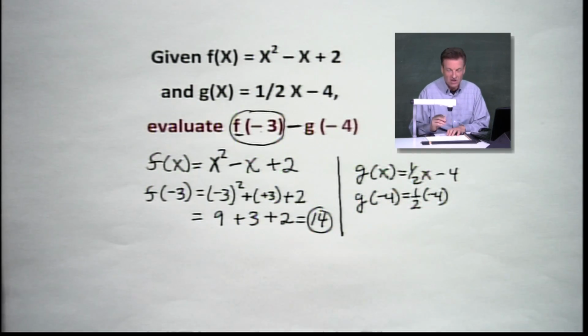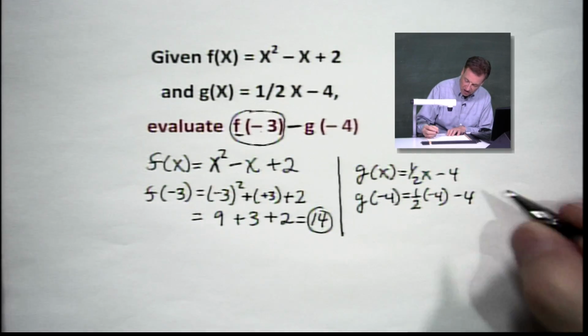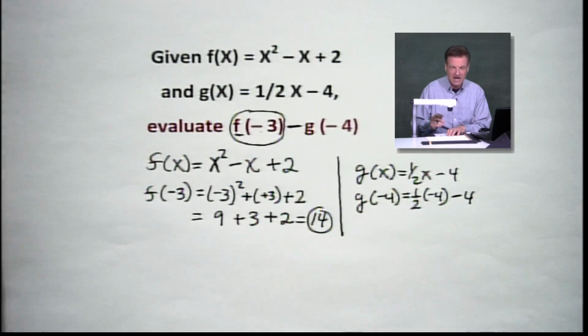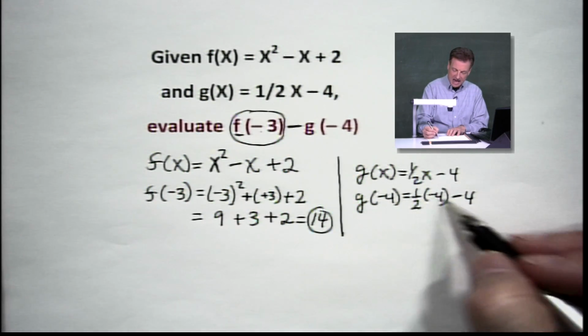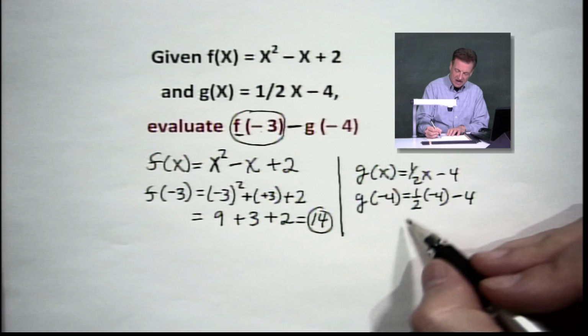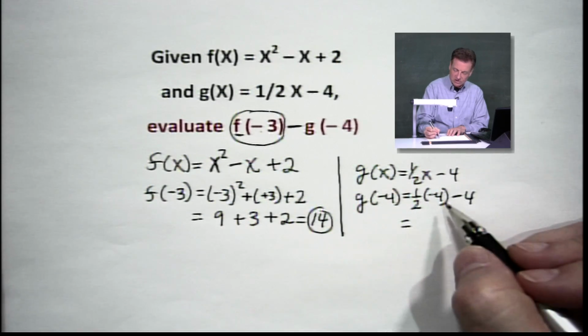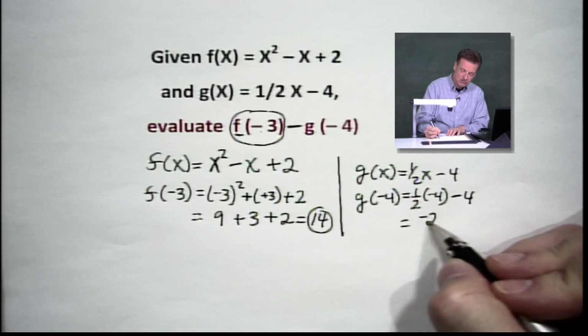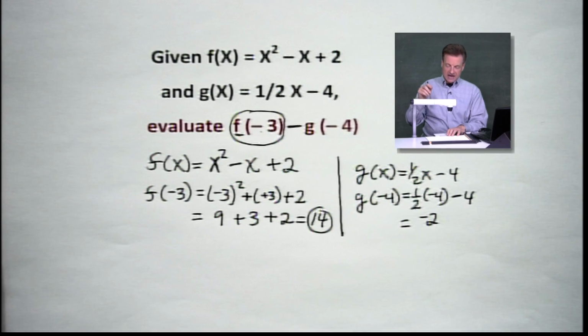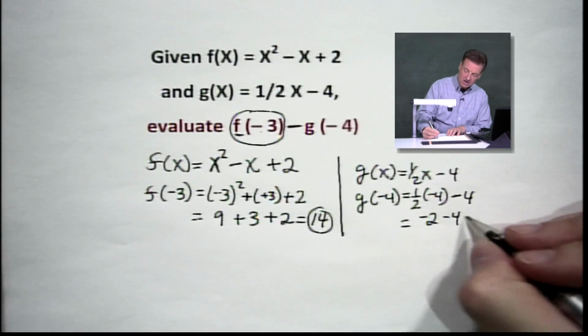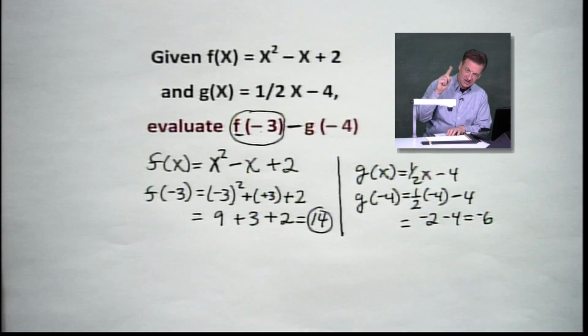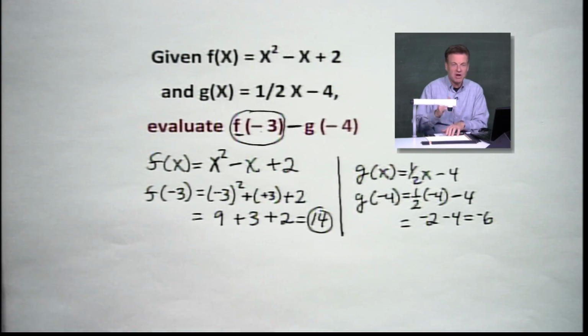Be careful. We still have a minus 4 here. That did not take care of that. You've got to bring it back as you see it. So we're going to take half of negative 4, which is negative 2, and subtract that 4, you're going to have negative 6. Life is good. Everybody with me on it?